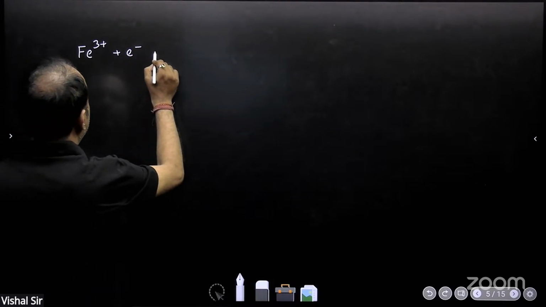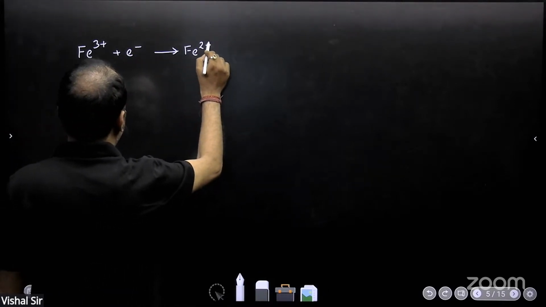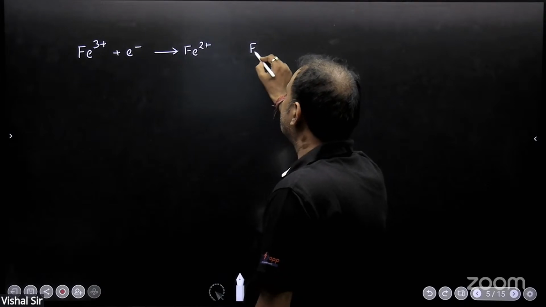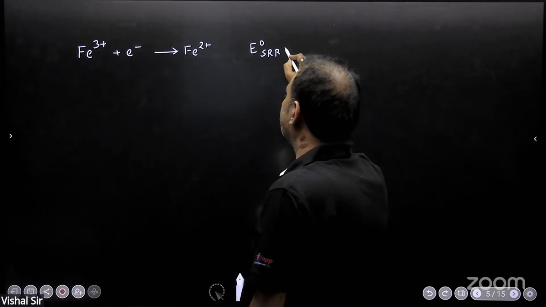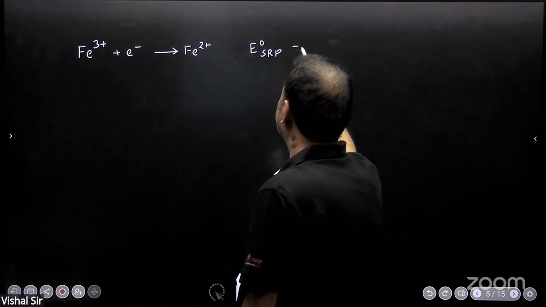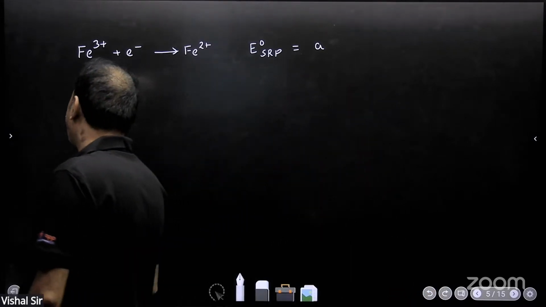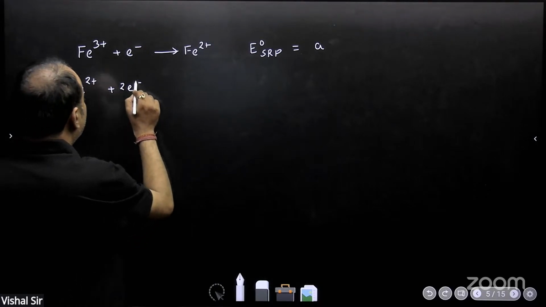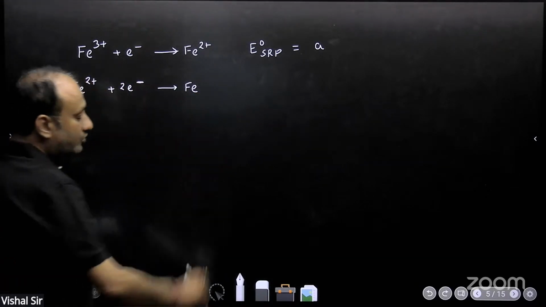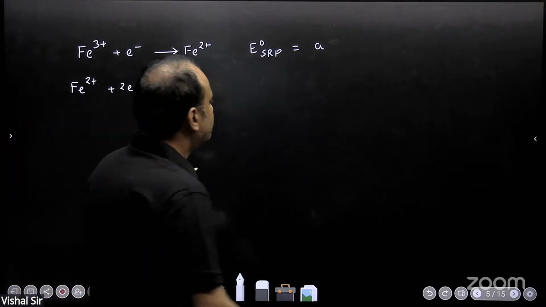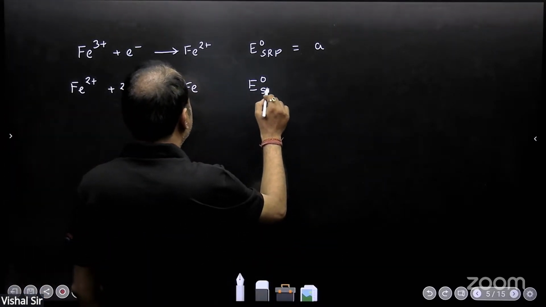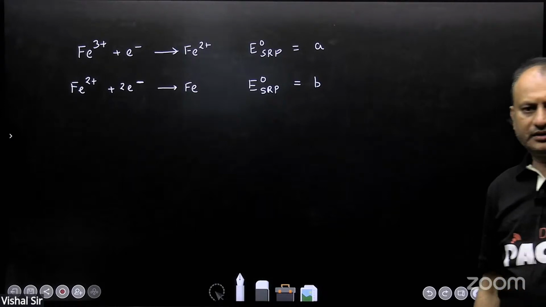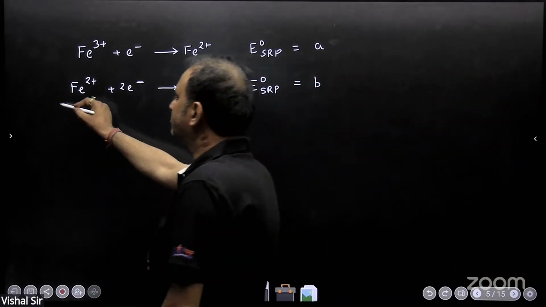Fe3 plus plus 1 electron goes to Fe2 plus, and let's say E naught SRP, the standard reduction potential of this, is some value A. And you are given another reduction reaction, Fe2 plus plus 2 electrons go to Fe, and E naught SRP of this reaction is, let's say, B.